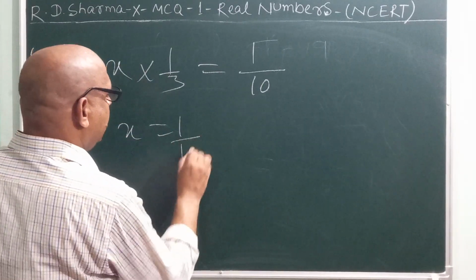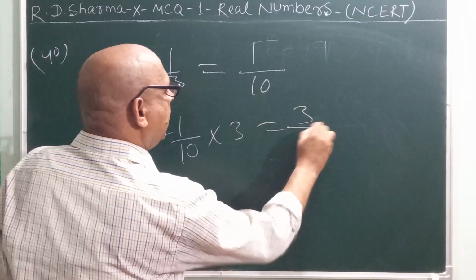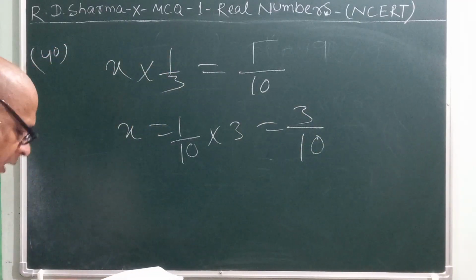X equals 1 by 10 into 3, so the answer is 3 by 10. Number 40 is the right answer.